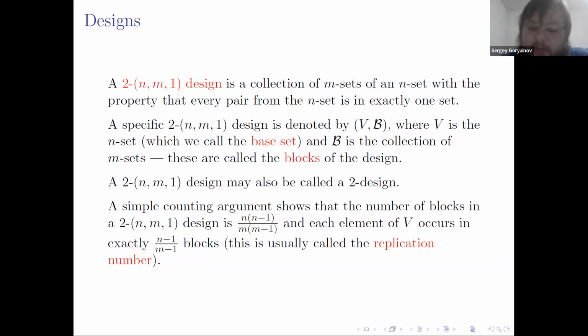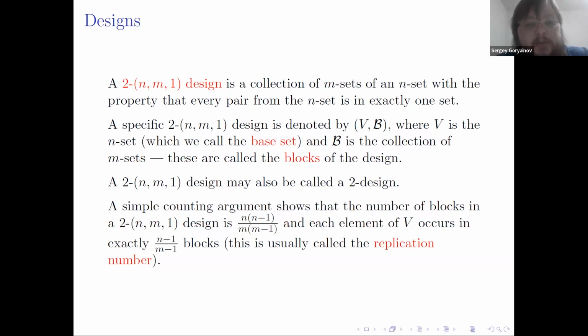A second family of graphs I would like to discuss is related to designs, and let us recall some definitions. A 2-(n, m, 1) design is a collection of m-sets of an n-set with the property that every pair from the n-set is in exactly one set.